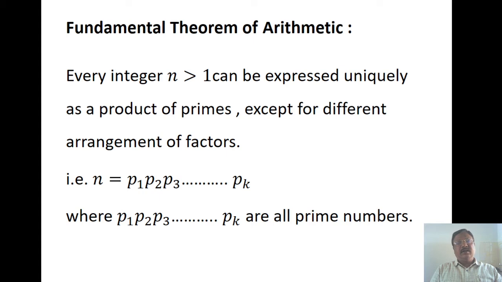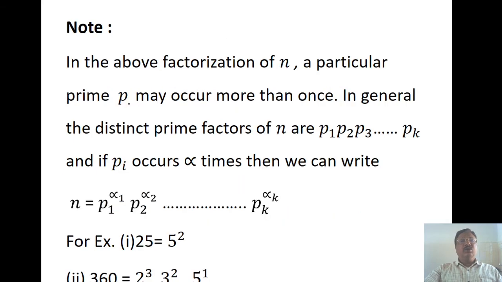That is, n is equal to p1, p2, p3, so on up to pk, where p1, p2, so on up to pk are prime numbers. Note, in the above factorization of n, a particular prime p may occur more than once.